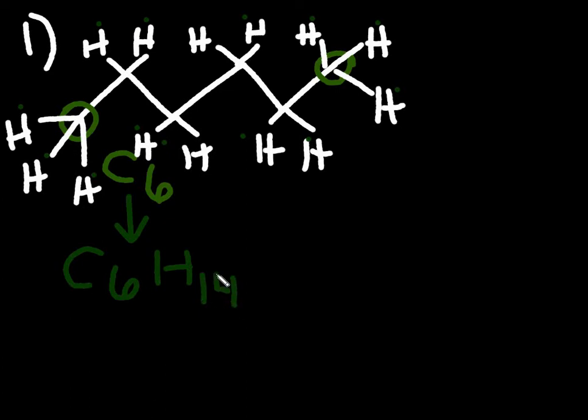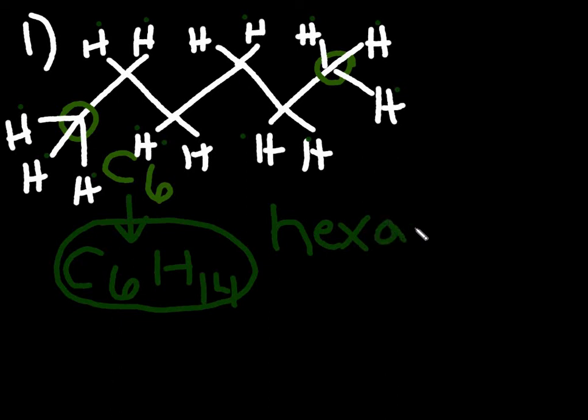Sometimes they'll give you a condensed formula and they want you to write out the line structure, or they give you a line structure and you write out the condensed formula. So from this line structure above, we have this condensed formula. And we agreed that if there's 6 carbons, it is hexane, C6H14. So this compound up here is hexane. Okay, simple enough.